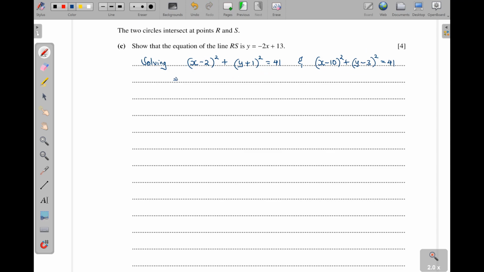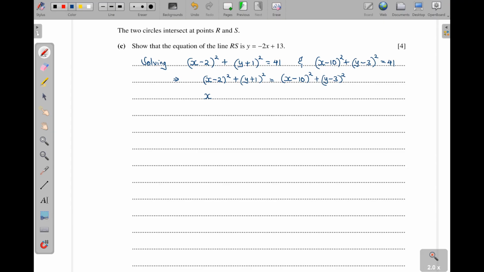So we shall have (x − 2)² + (y + 1)² equal to (x − 10)² + (y − 3)².